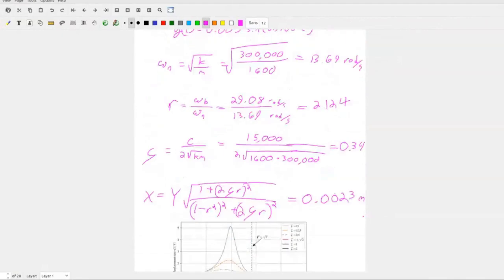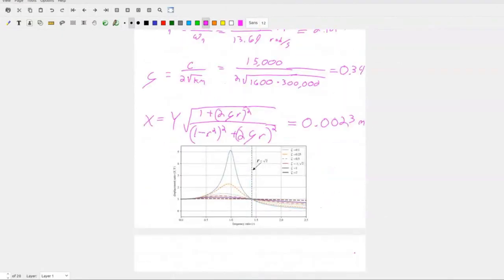I have an r of about 2.1, and a zeta of 0.34, so I'm maybe around this yellow one, definitely within that circle, and it gets me to about half a y. That's pretty good. So there's a theory there.